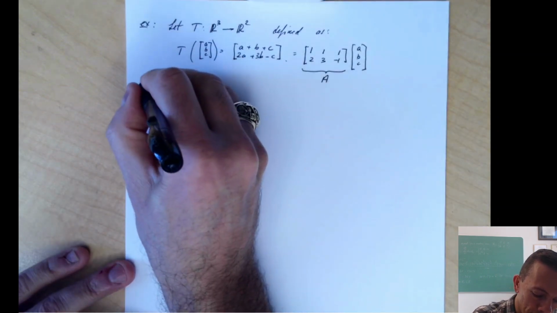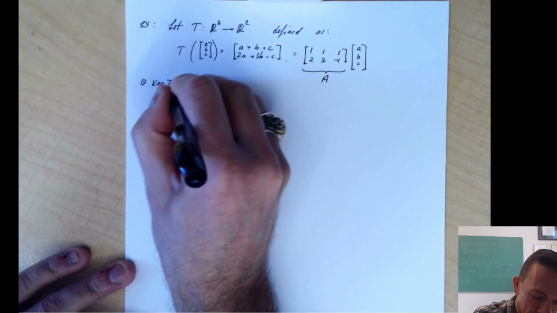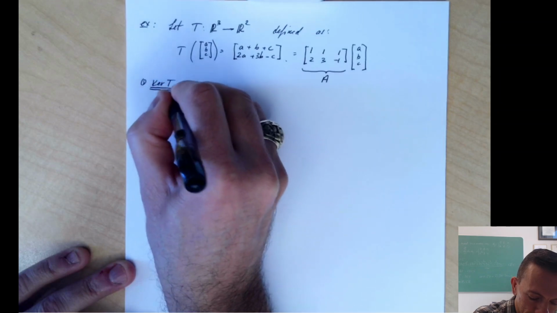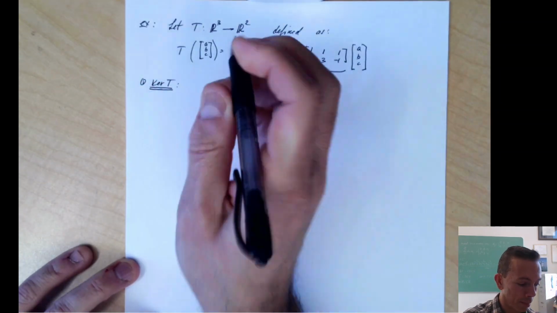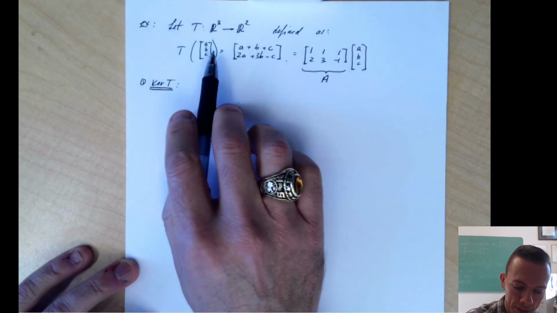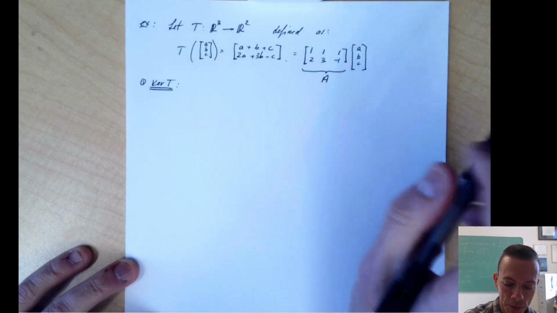So to find the kernel, we want to find all the vectors (a, b, c) that map to the 0 vector.